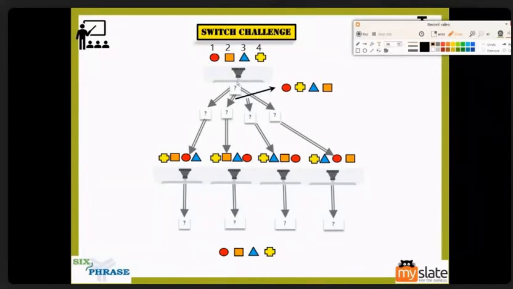The circle is in first position. Where is the plus sign? Plus sign is in fourth position. Where is the triangle? Third position. Where is the square? Square is in second position. So you can see this is the answer for the first question mark.